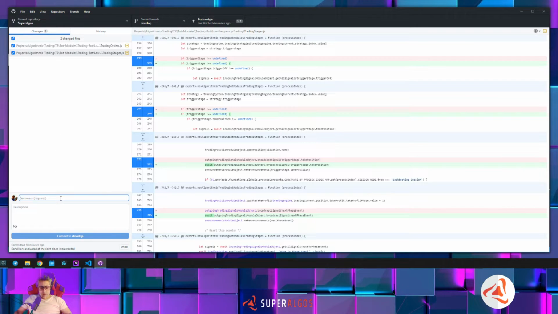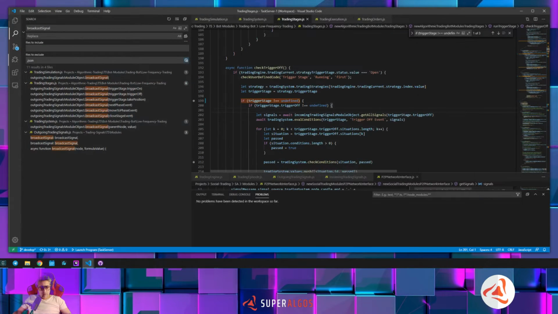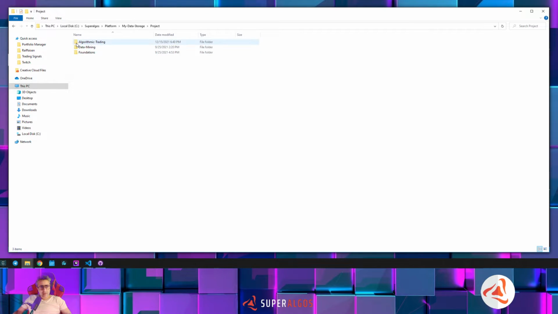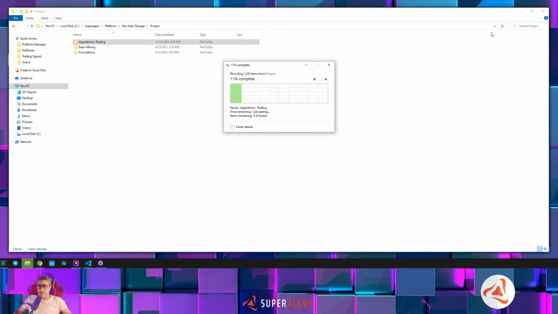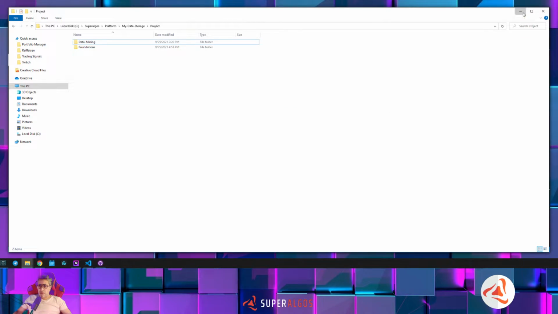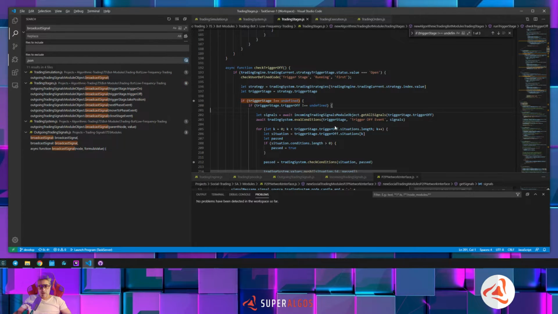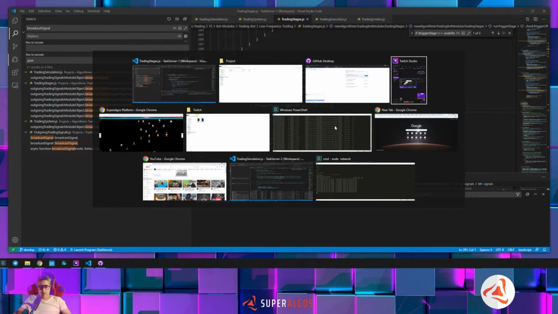So essentially we are ready to debug again with all code implemented. So what we are going to do is debug, but at the same time we are going to delete all the data of both trading bots, because we are going to run both again.